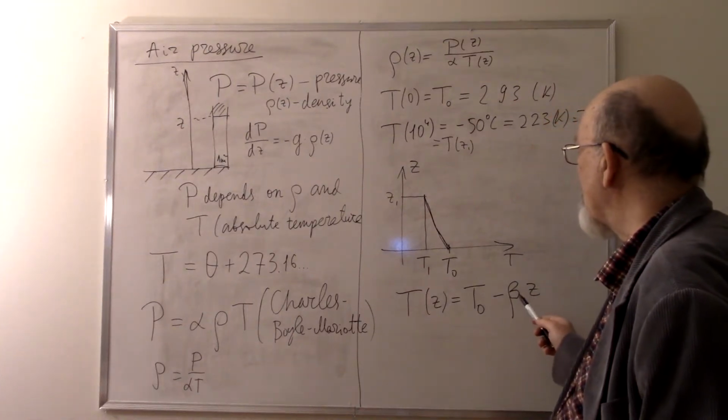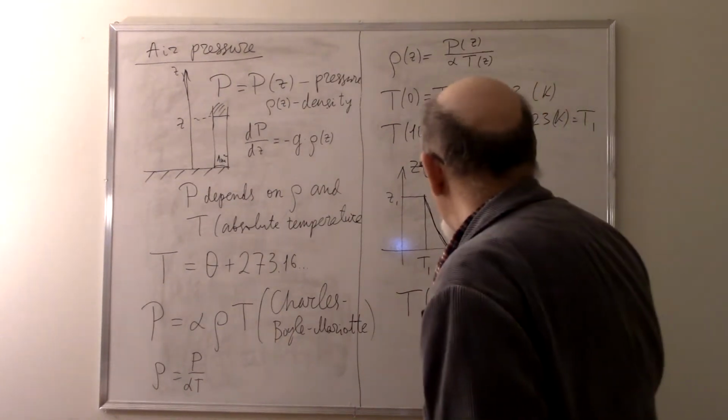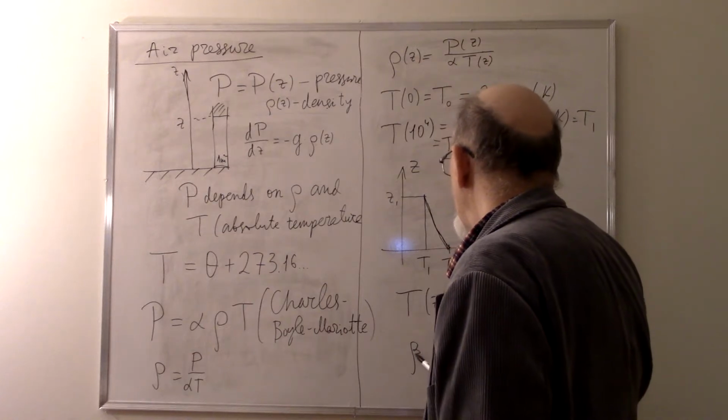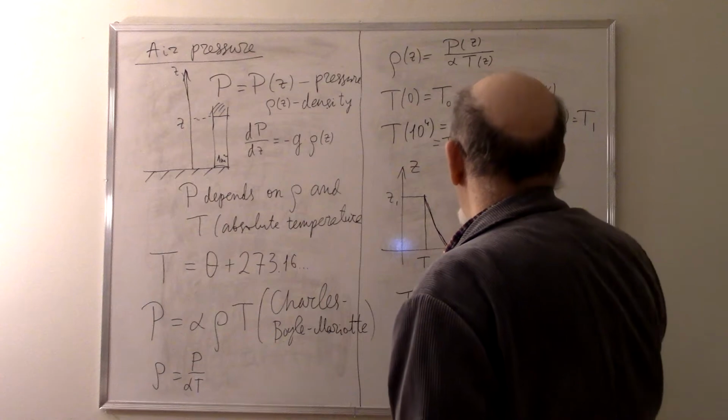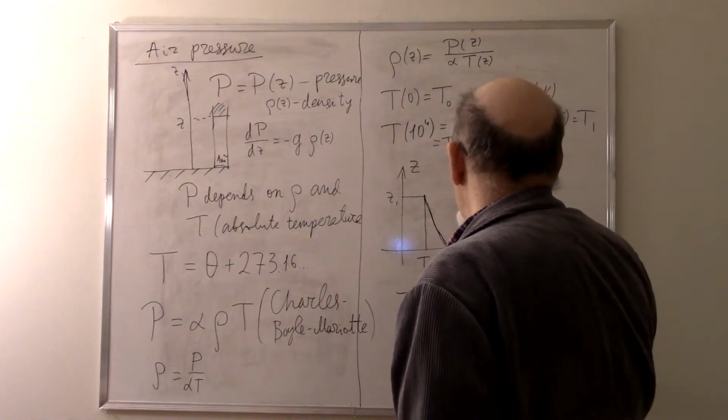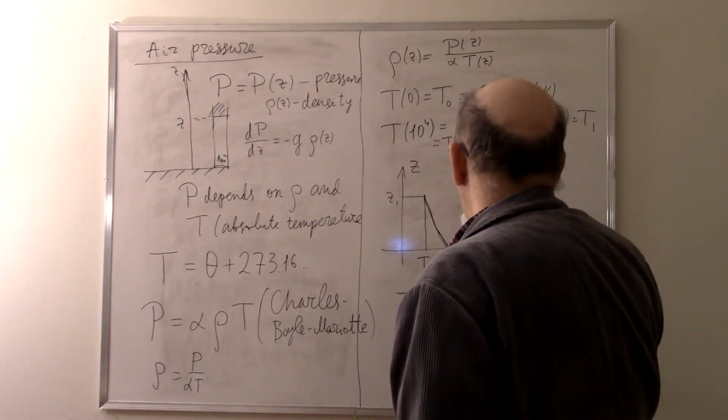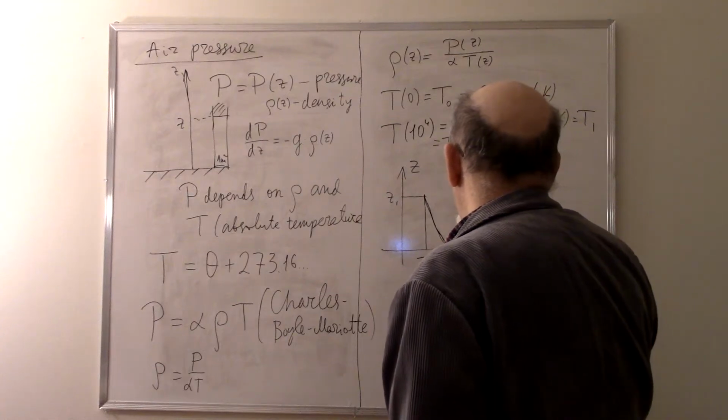Beta is a coefficient, beta equals T0 minus T1 divided by Z1.